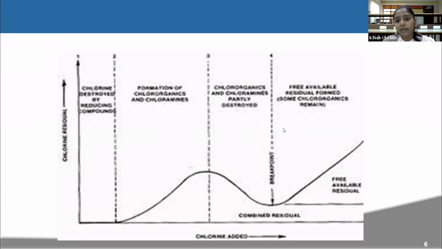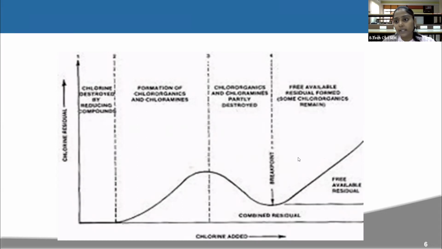Again you add chlorine, and at this point, the breakpoint of chlorination, after adding step by step, there are no bacteria, no germs, and no organic impurities.